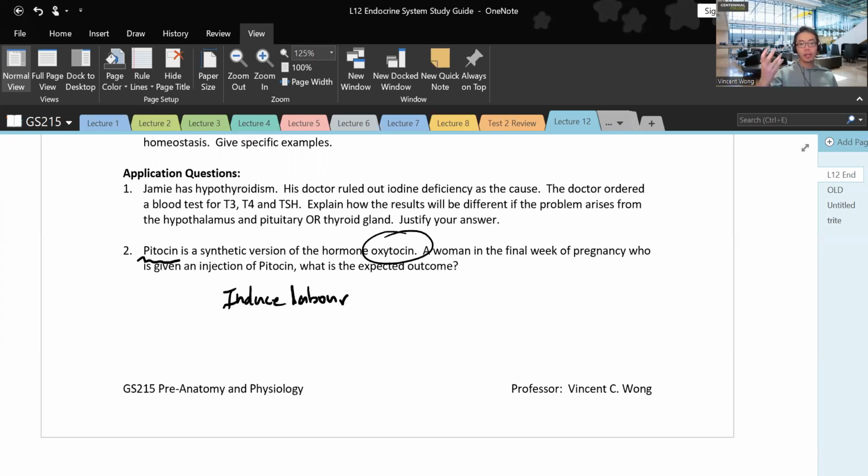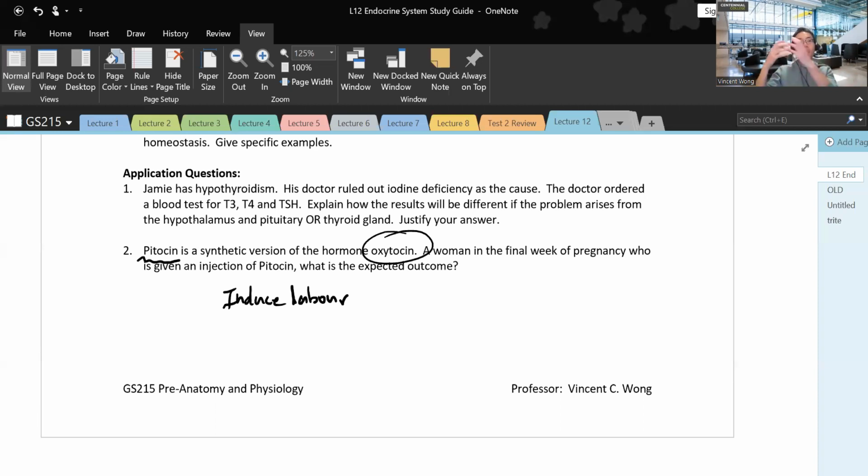It would trigger the uterus to contract, but as soon as the uterus starts contracting, that would send a signal back to the hypothalamus to tell the posterior pituitary gland to release oxytocin, right? As soon as you start producing your own natural oxytocin, it's going to have a positive feedback to keep making more and more, resulting in more and more contraction.